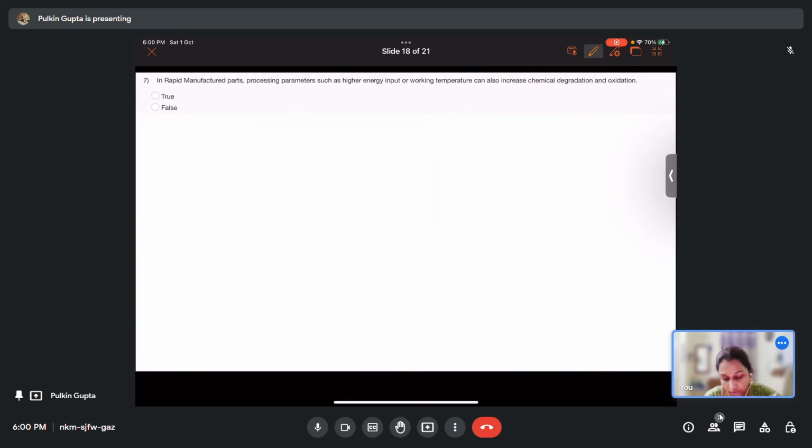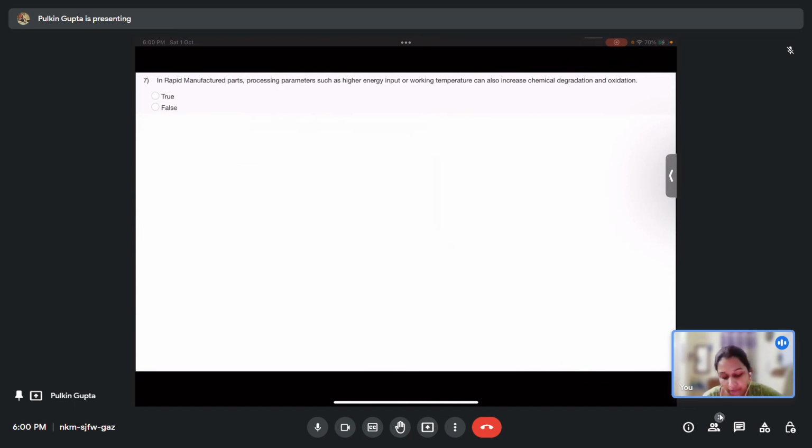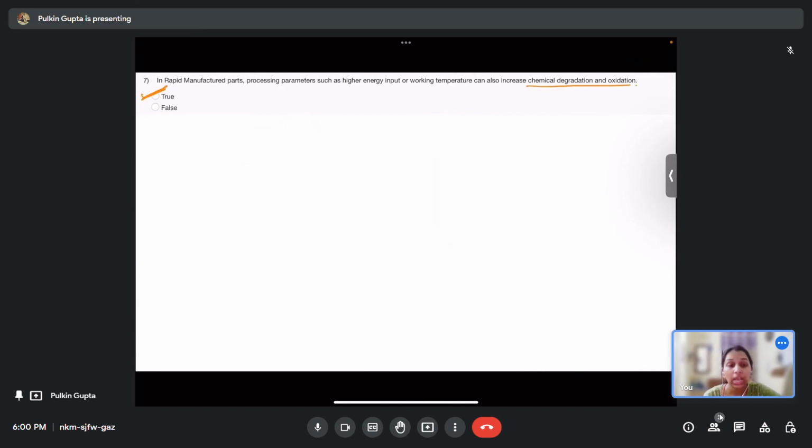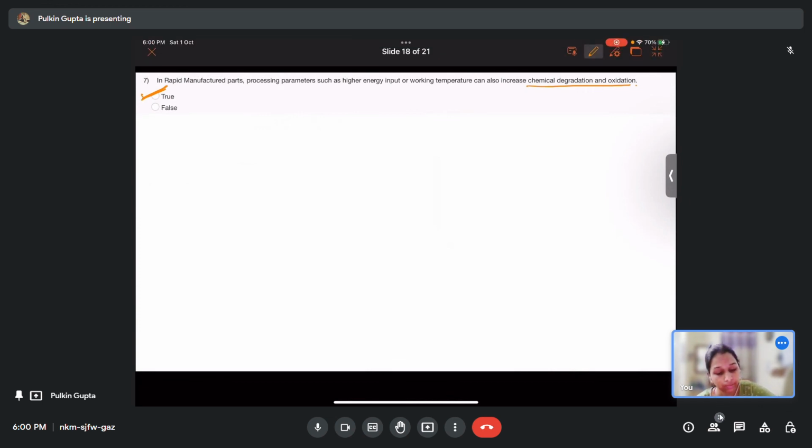Next question. In rapid manufactured parts, processing parameters such as higher energy input or working temperature can also increase chemical degradation and oxidation. True or false? This is true. Whenever your temperatures go higher, the tendency of specifically of metals to oxidize becomes higher.